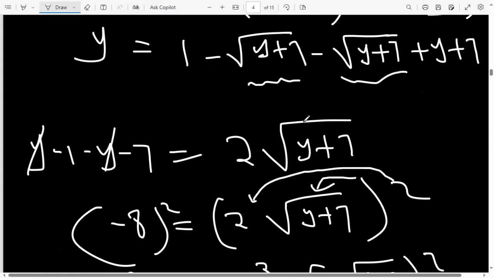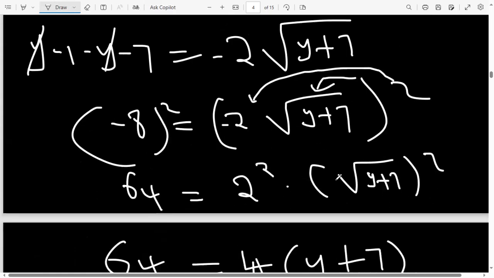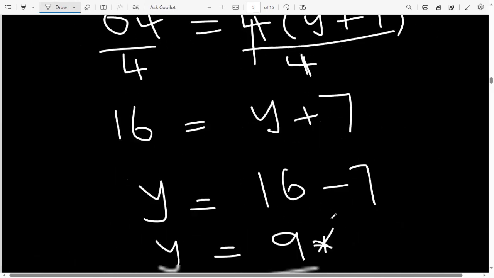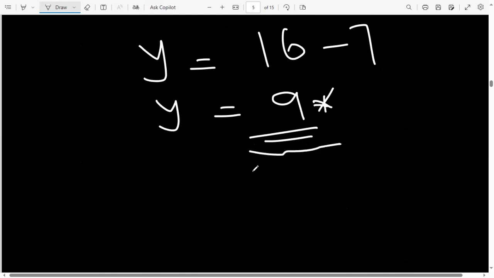So when you take that side, you still get minus 1. When you take the y, you still get this. The only difference will be here, you have a minus, and then here you have a minus. Okay, so minus 2 squared is still going to give you a 4. And then this remains the same. We're still finding the answer as what? 9. And we've tested 9, we see that it works. Okay. Right. So any questions there, guys?